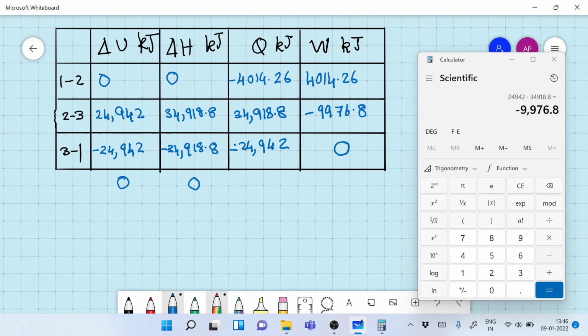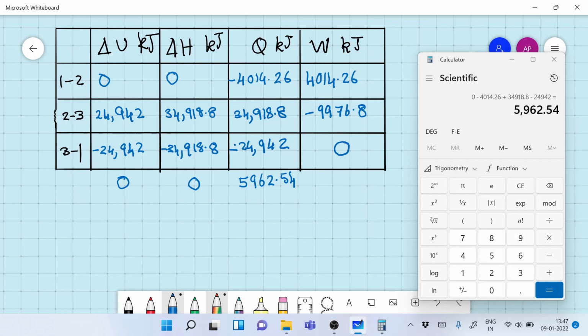So minus 4014.26 plus 34,918.8 minus 24,942. Now this makes it equal to 5,962.54.